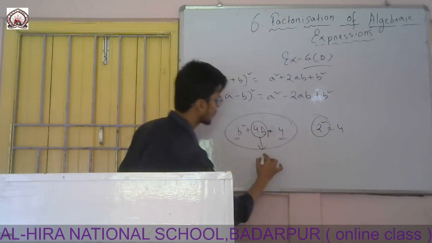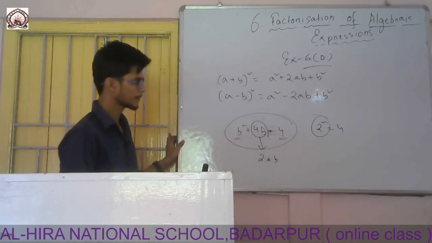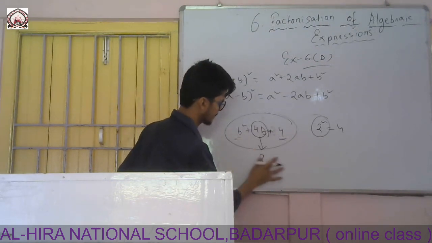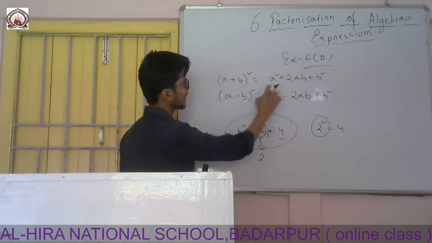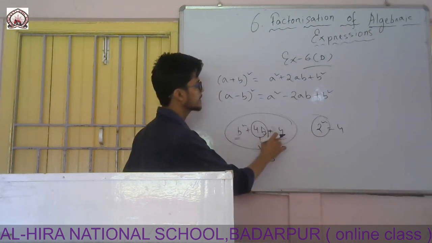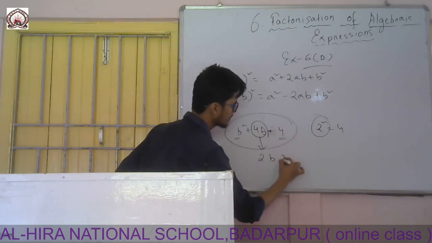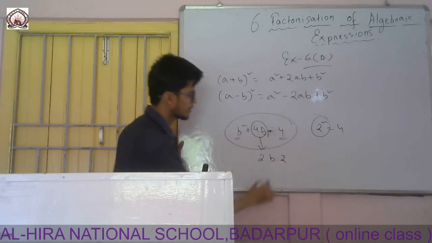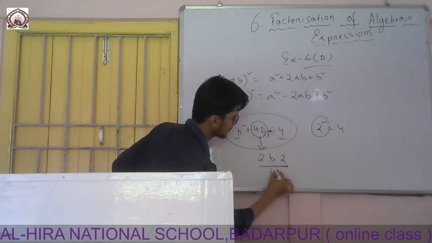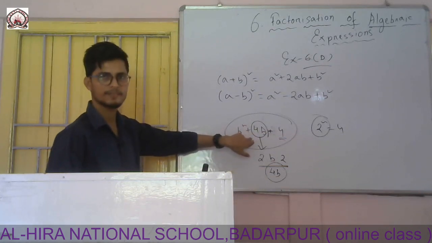It should be in the form 2ab. In this case a is b, and 4 means 2 square, so b is 2 here. So 2 times b times 2 is 4b, and if it matches, that means it is a perfect trinomial square.